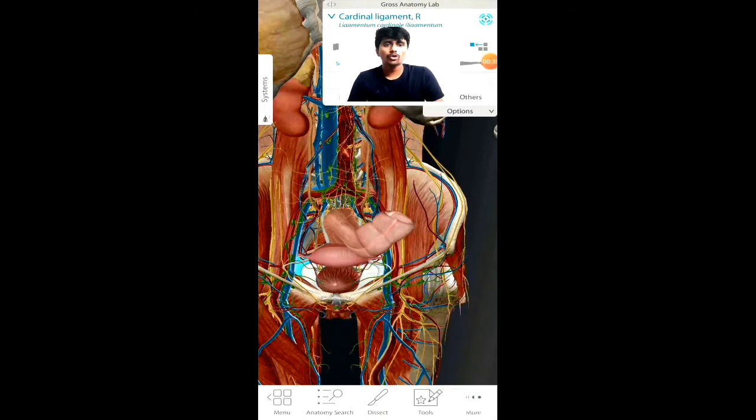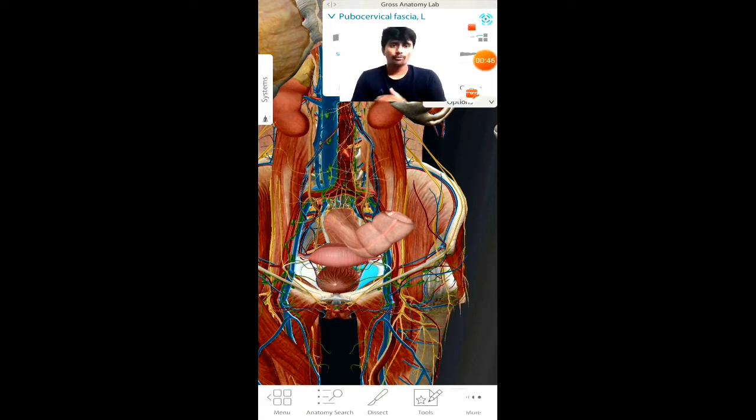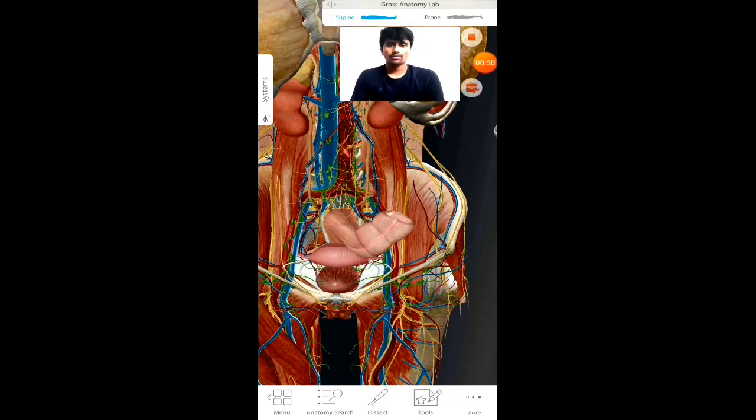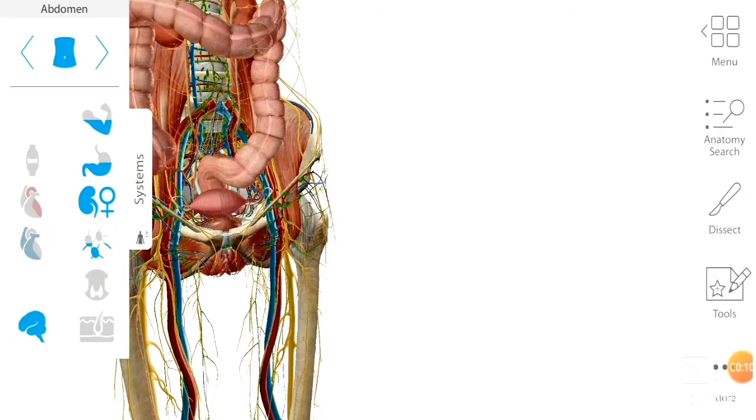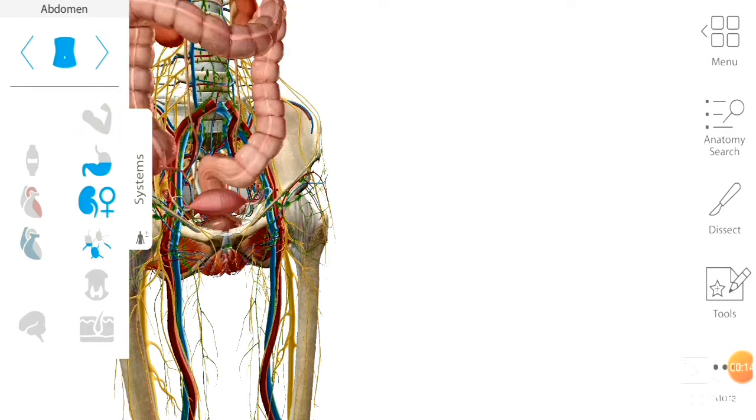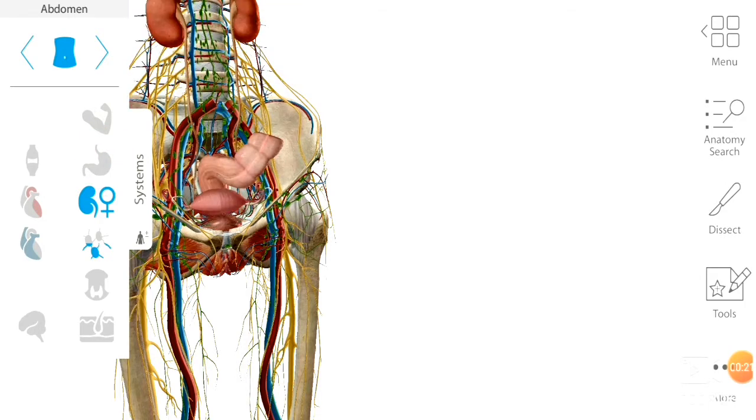That includes all the neurovascular bundles. So for better understanding, I am going to remove all these neurovascular bundles along with the muscles of the abdomen and lower limbs. Now I am going to dissect some of the regions of the abdomen and lower limb, and also the muscles of the back of the abdomen, so that we can easily conclude the perineum region.